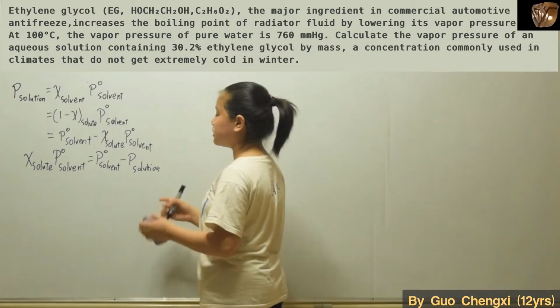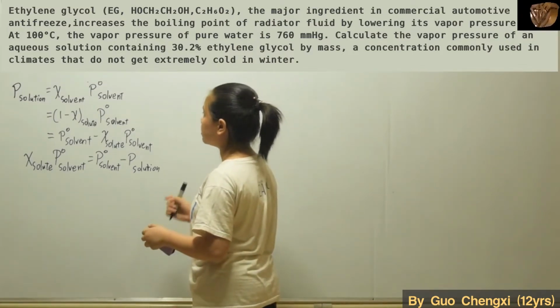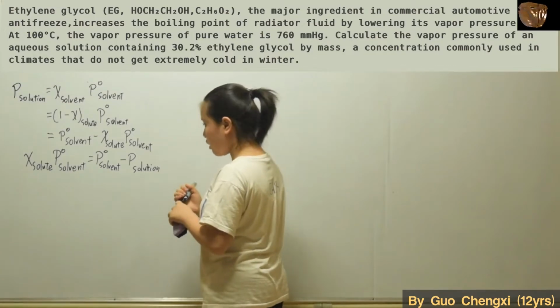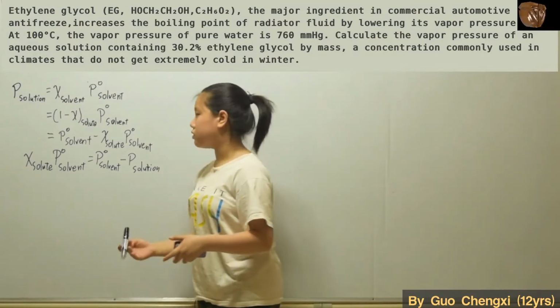So it is just the solvent vapor above the solution. So now that I have roughly talked about Raoult's law, we'll be moving on with the next.